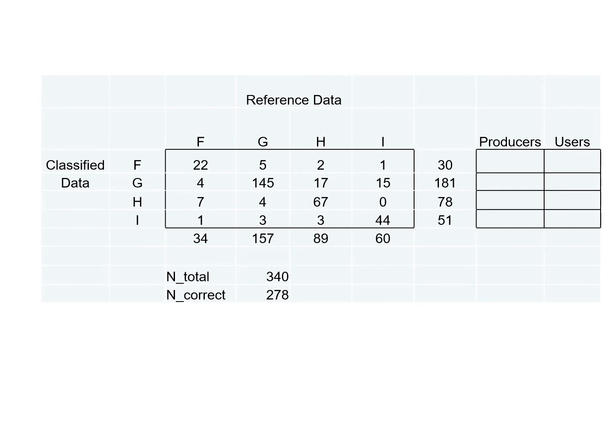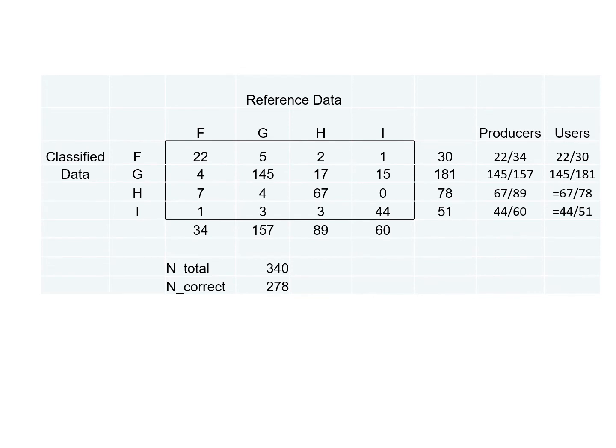And you set up your producer's and user's columns, and you fill them up, okay? So the users are always on the rows. It's just standard. So you're not ever going to see from me where I put the reference data in the rows. I wouldn't do that.